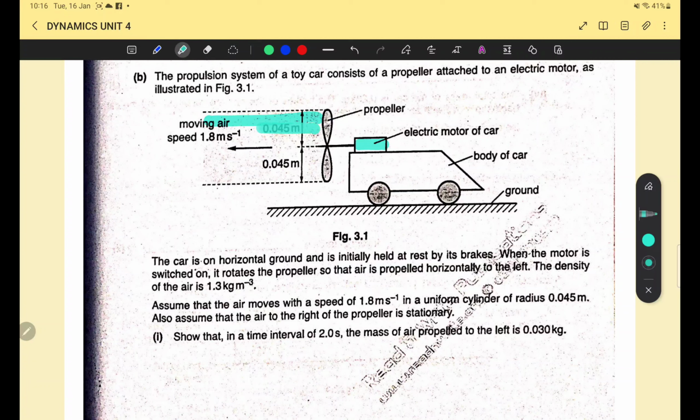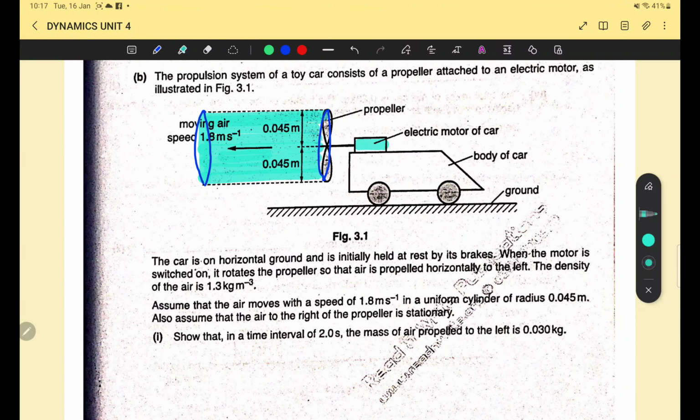This is air, and by the blades of the propeller a cylinder of air is formed when the blades are running.